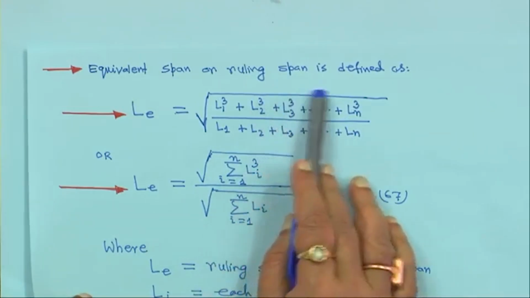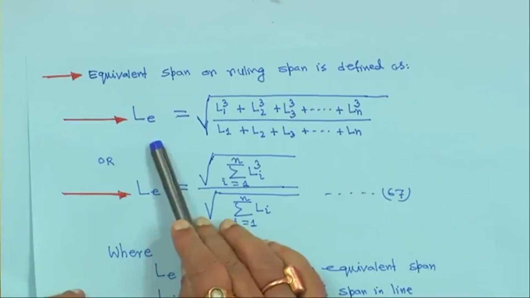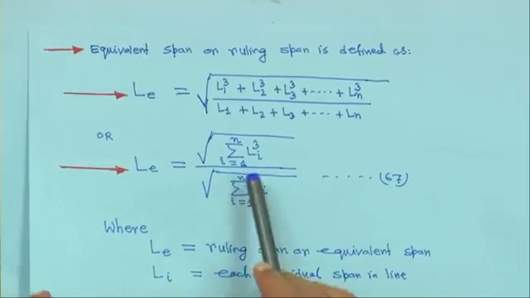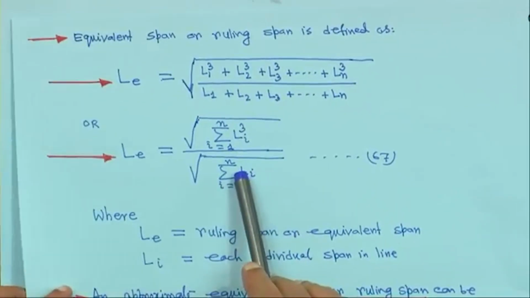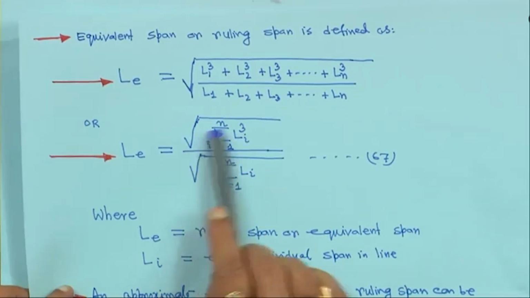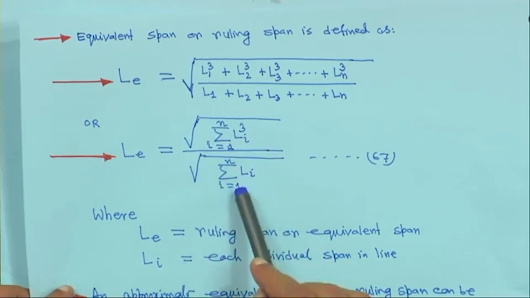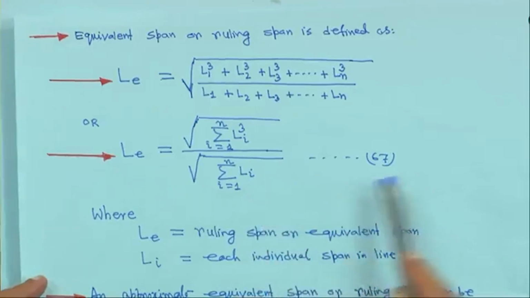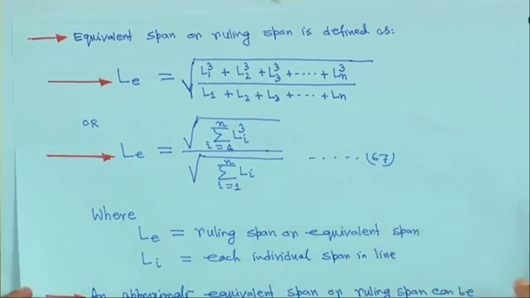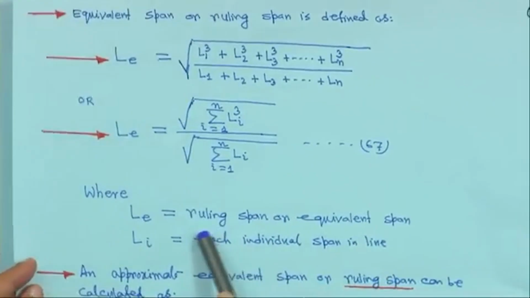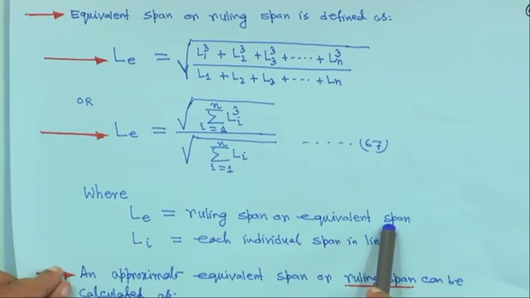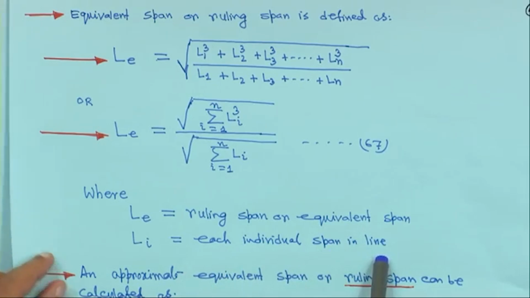So, equivalent span or ruling span is defined as this LE, or you can write it in sigma form: LE is equal to the square root of the sum from i equal to 1 to n of Li cube divided by the sum from i equal to 1 to n of Li. This is equation 67, where LE is the ruling span or equivalent span and Li is each individual span in the line.